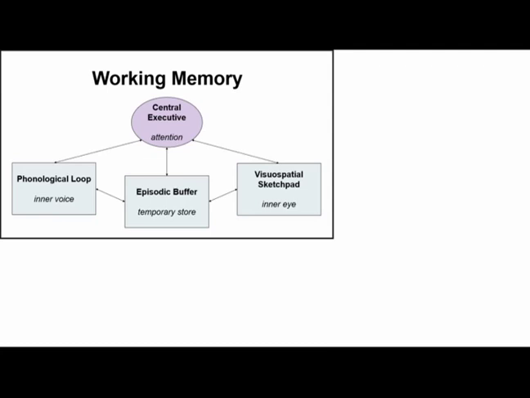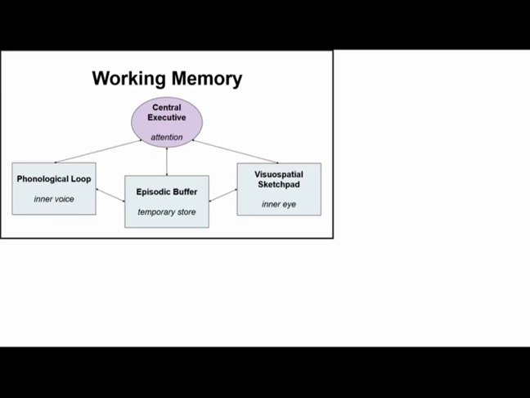So we have 4 distinct parts that we can talk about. And this model is one of the most widely used. There are lots of different models of working memory. And even this one has been recently updated. The episodic buffer wasn't always part of this model, but I find it to be fairly useful.